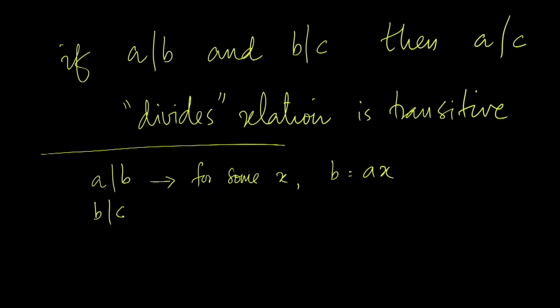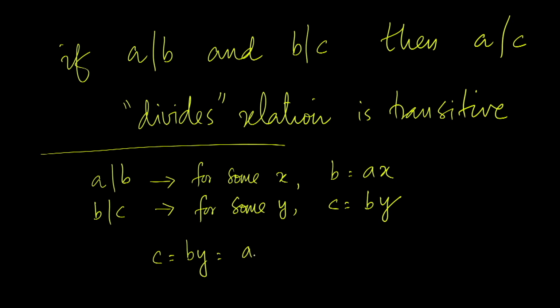Similarly, b divides c implies that for some integer y, c equals by. Therefore, c can be written as the product of xy and a, which means there is an integer so that a into that integer is c. So, that implies that a divides c.